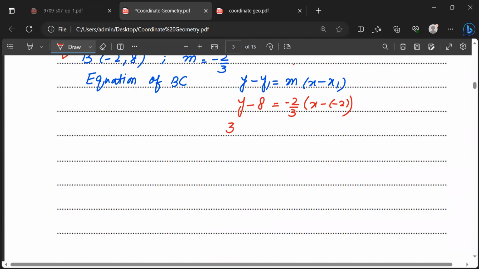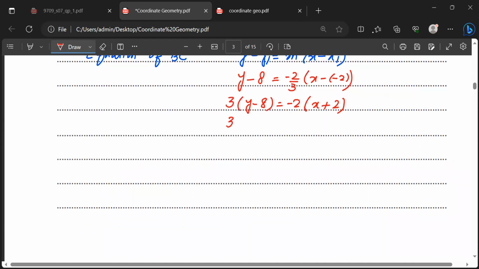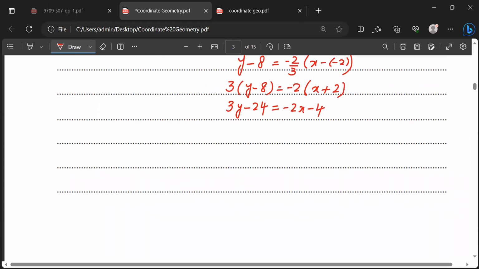For simplification, you can cross multiply: 3 into y minus 8 is equal to minus 2 into brackets x plus 2, since minus into minus is plus. Next, 3y minus 24 is equal to minus 2x minus 4. For simplification, shift minus 2x to the left hand side.